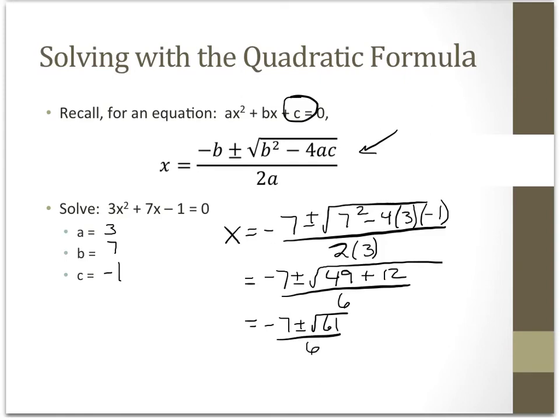And that really can't be reduced any because 61 is prime. So, those are our two solutions. Now, they're not nice, they're not pretty, but they're solutions, and those are the exact numbers where this parabola crosses the x-axis.